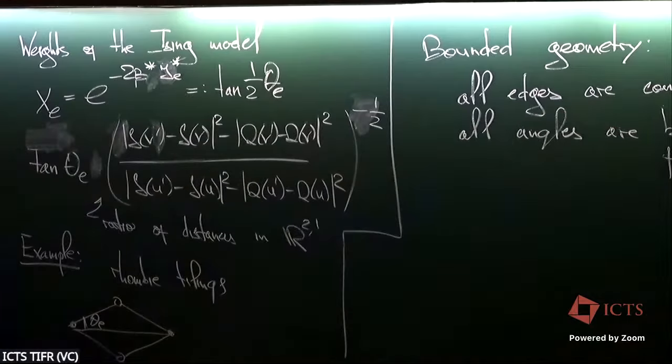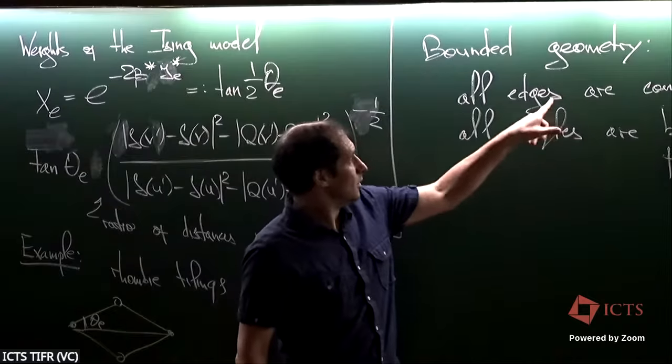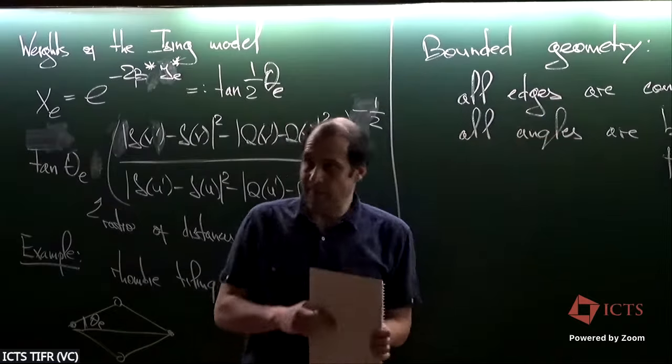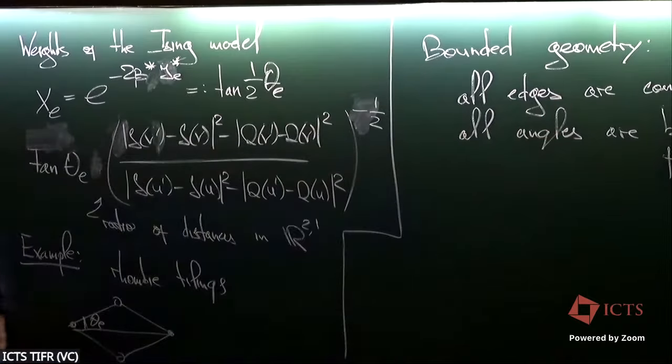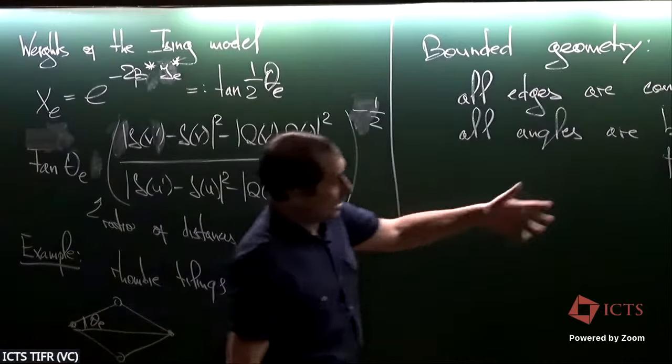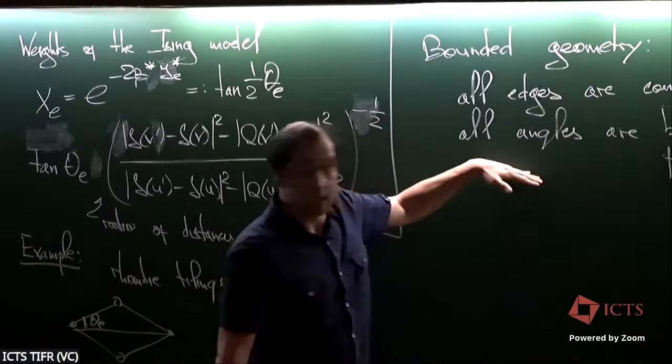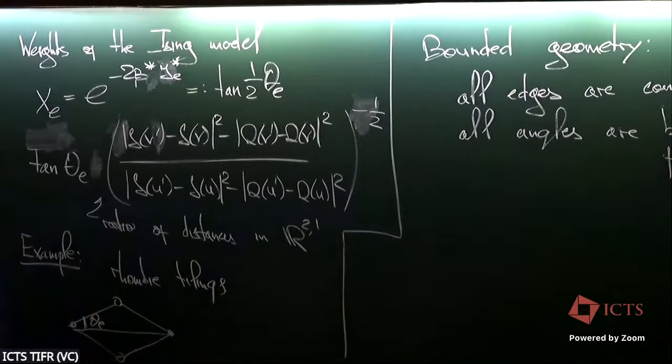So there are some small constants such that the squads do not have tiny angles, and all the edges are comparable with each other. What does it mean that all edges are comparable? Like there is a constant 100 such that the ratio of any two lengths is smaller than 100. And the same here, there is a constant 1% such that all angles are at least 1%.